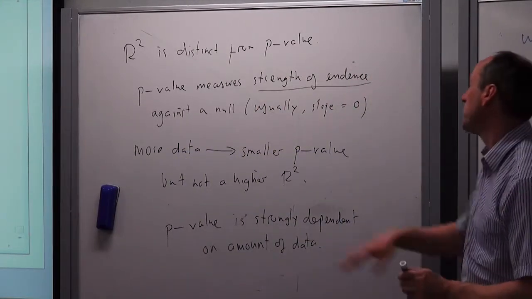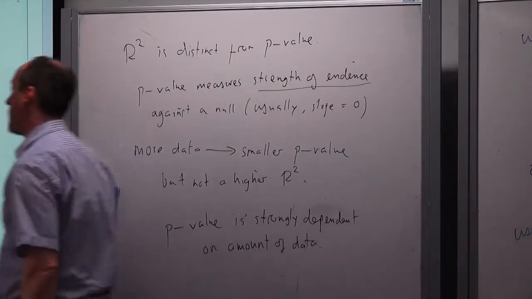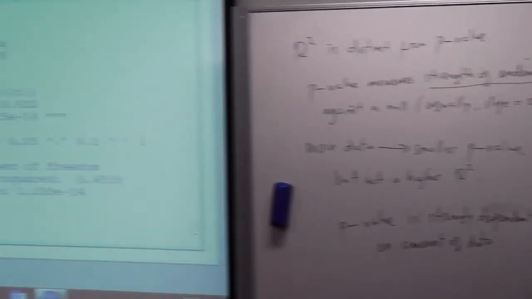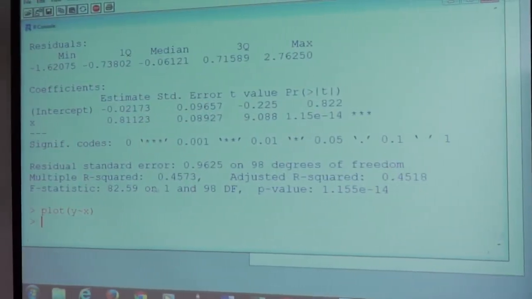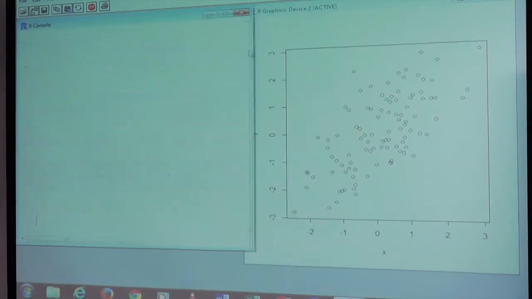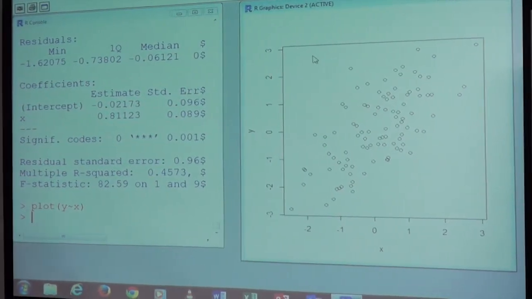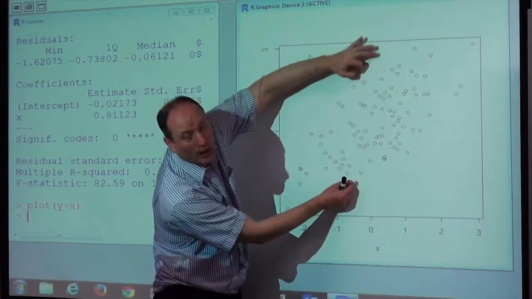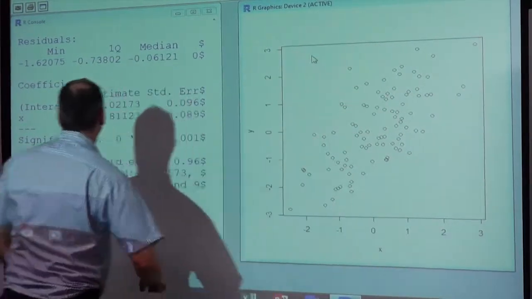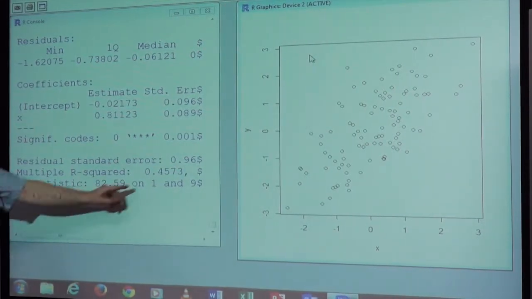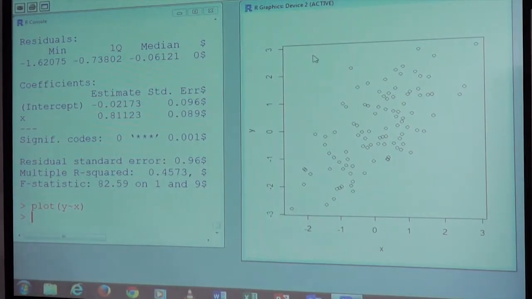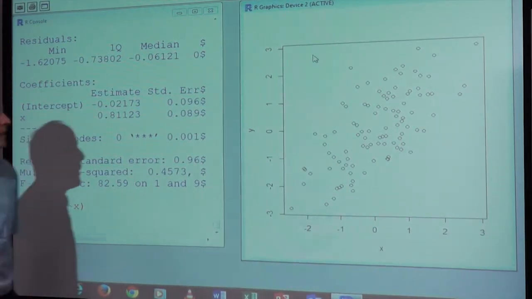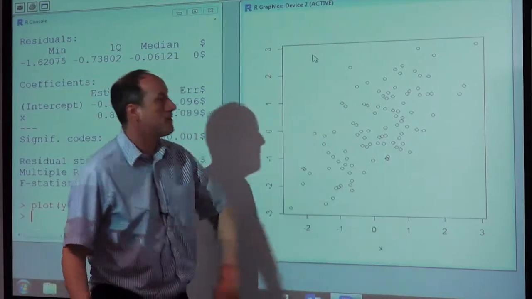Whereas the R squared is a measure of the correlation between two data sets here. And we can see this if I plot Y as a function of X, where we've got bazillions of data points now. The p-value is very, very small because you've got this overall trend here, but you can see that the actual fit is quite poor. The actual fit being measured by the R squared, which is 0.45, which is quite small. But it's a very, very significant p-value because you've got so much data.